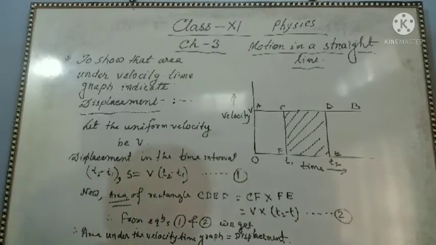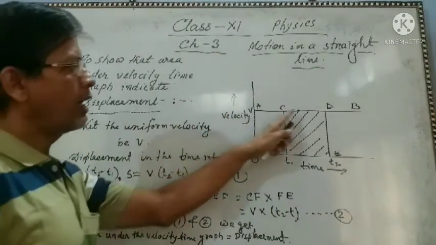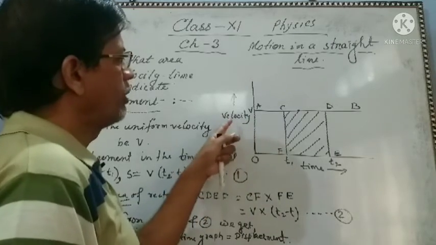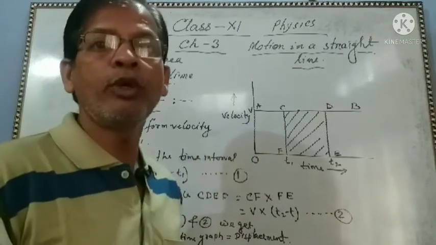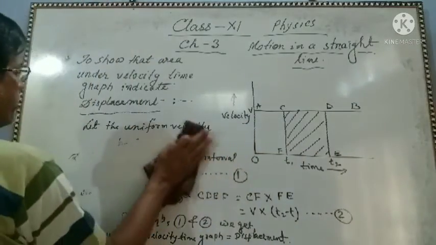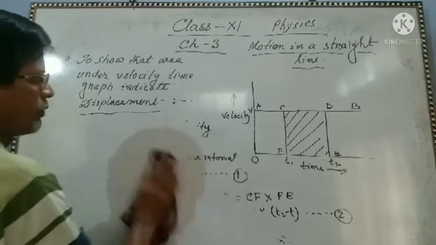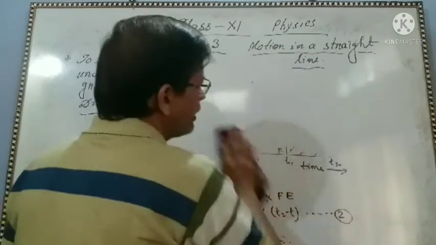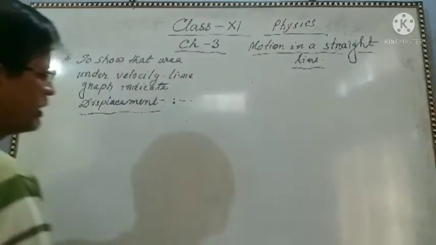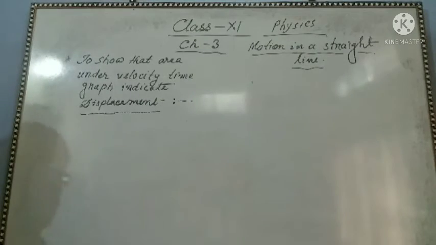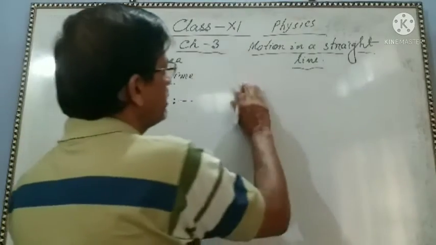Now you see, this is the velocity time graph in case of uniform motion. Now if the velocity is uniformly decreasing, then what will be the position time graph?